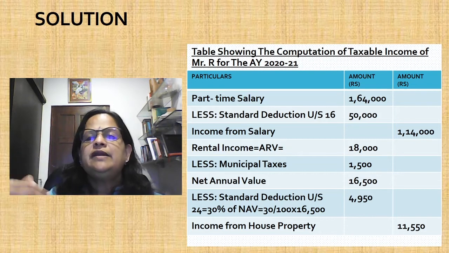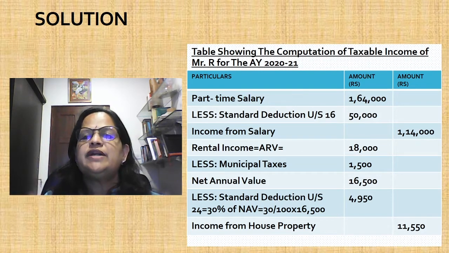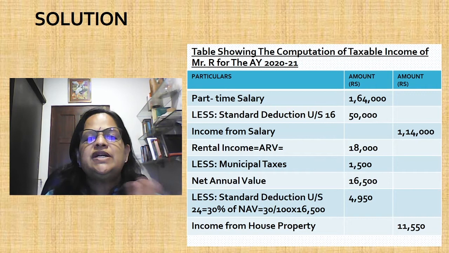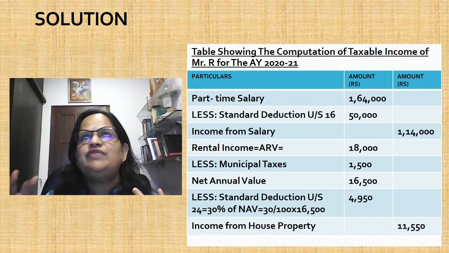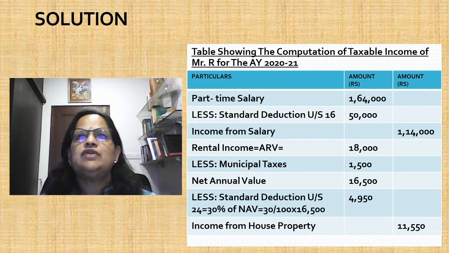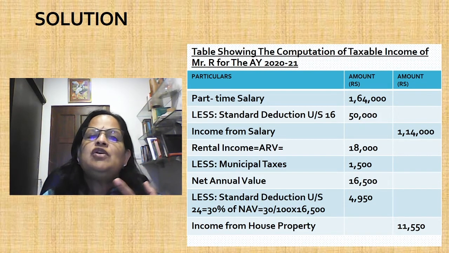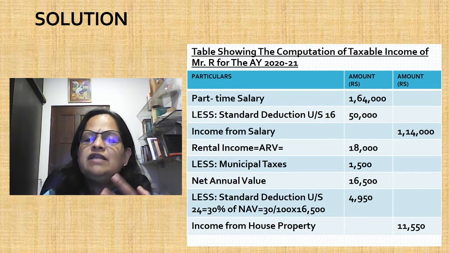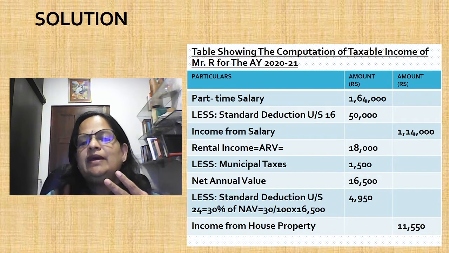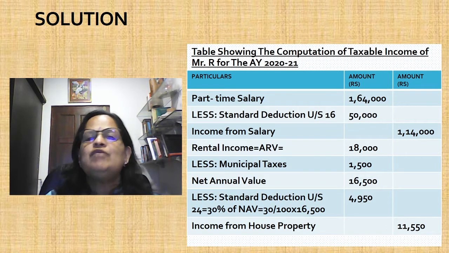First is salary income, 1,64,000, part-time employee. Standard deduction under section 16, this year it is 50,000. Last year it was 40,000. So 50,000 you will reduce. Income from salary is 1,14,000. Now rental income: standard rent, fair rental value, all are not given. So we take the annual rental value as the rental income given in the question.